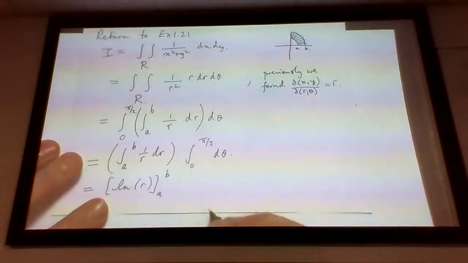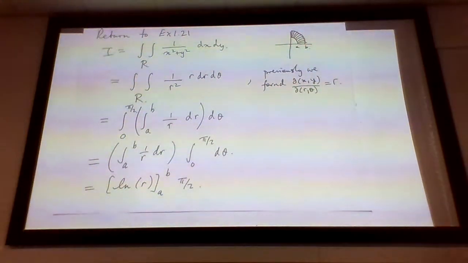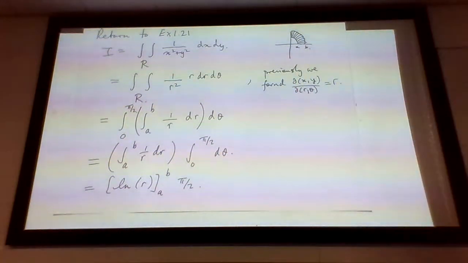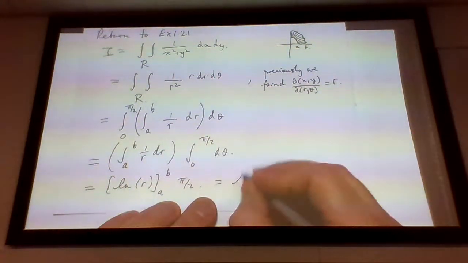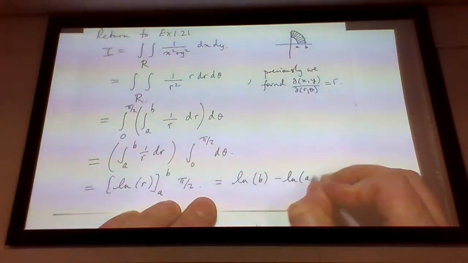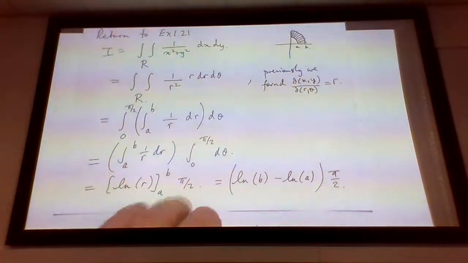And you integrate 0 to pi over 2 d theta, you get pi over 2. Integrating 1 d theta just gives you theta, evaluated from 0 to pi over 2, which gives you pi over 2. And it will be the difference in values, the natural logarithm of b minus the natural logarithm of a, and all of it multiplied by pi over 2.